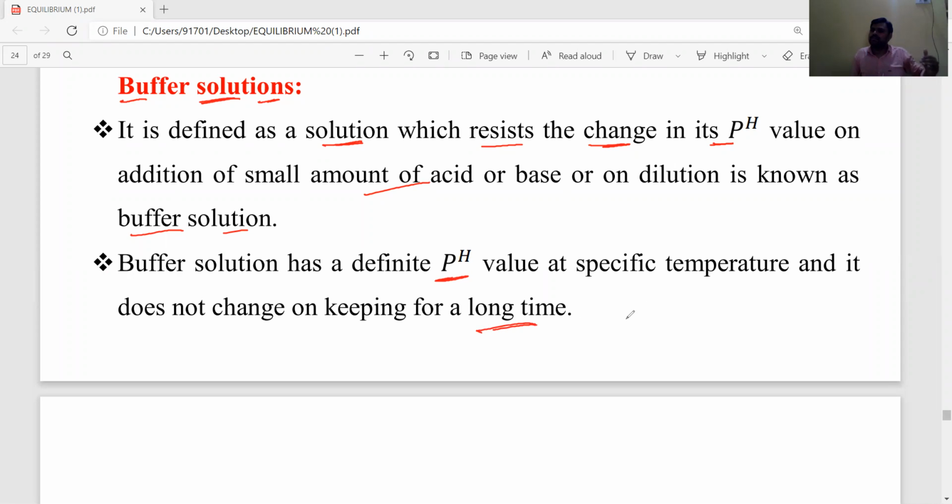As time goes on, the pH of buffer solutions does not change. Even if you add acids or bases, or add some water to dilute the solution, the pH value is not changing for a long time. Such solutions are called buffer solutions.